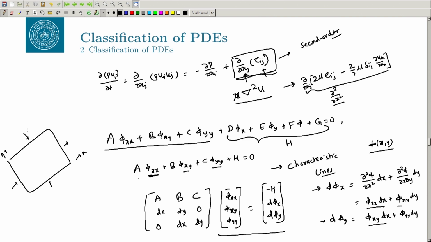So now we have a linear system of equations: 3 equations and 3 unknowns, phi_xx, phi_xy and phi_yy. We want to find the solution for these, and the region where any or all of these derivatives are not defined.